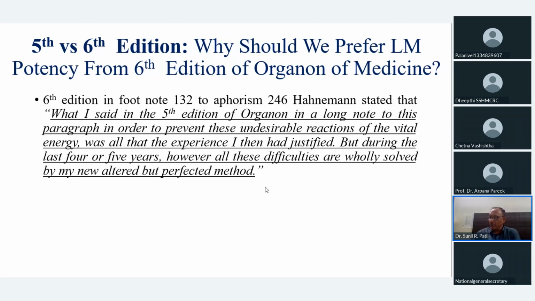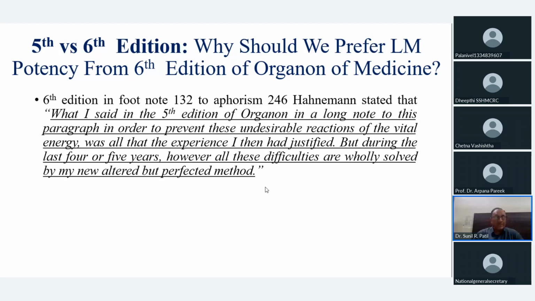Thus, use of the LM potency is a step towards advantage, and hence it is preferred over the centesimal scale of potency.